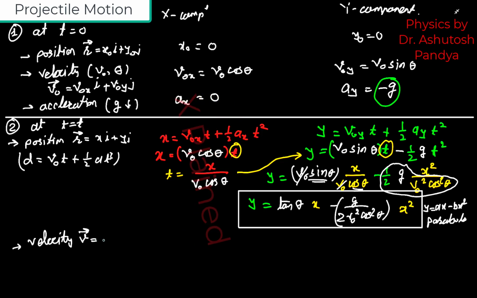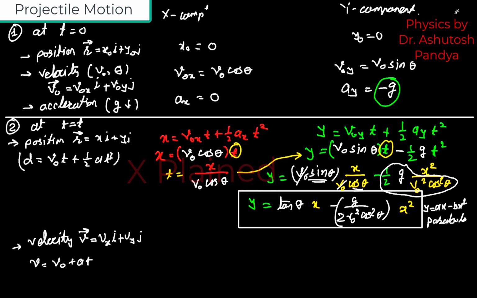V bar having x component as vx and y component as vy, and to find this we will use the equation v equal to v0 plus at. So let's try to obtain x component. We need v0x plus acceleration in x direction into t.